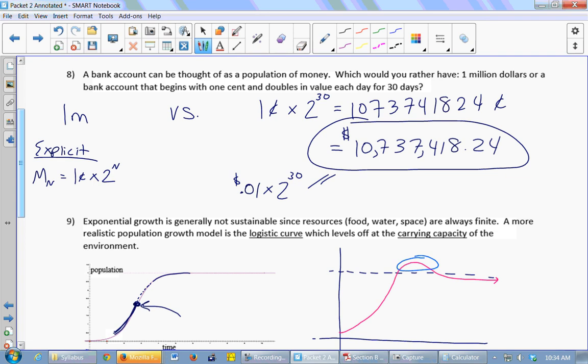Can you do the 0.01 thing again? Yep, because this one, your units is in cents. You could also write this as 0.01 times 2 to the n, and your answer will come out in dollars. Either of those would be fine. You just have to know which units you're working with, right, to be able to answer the questions.